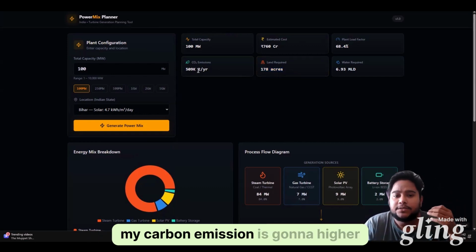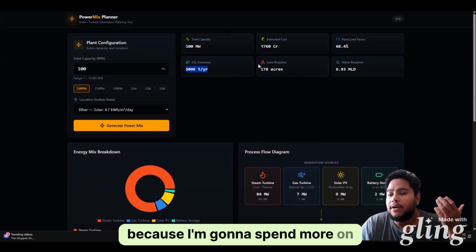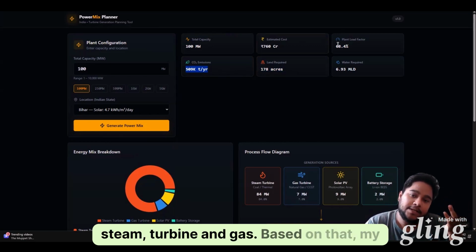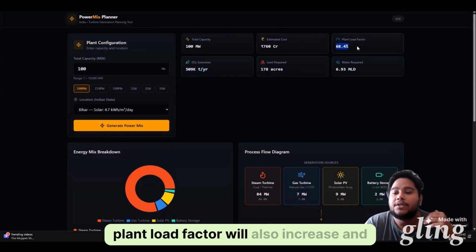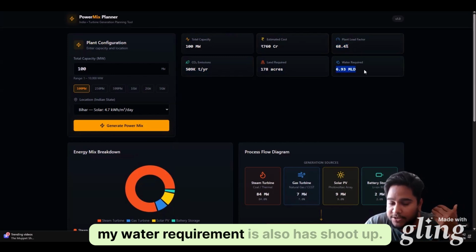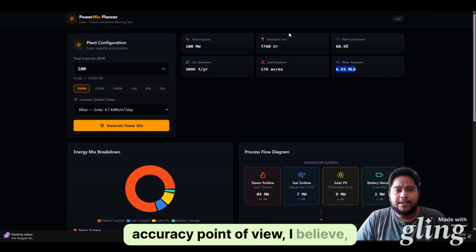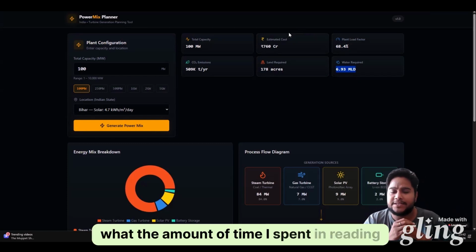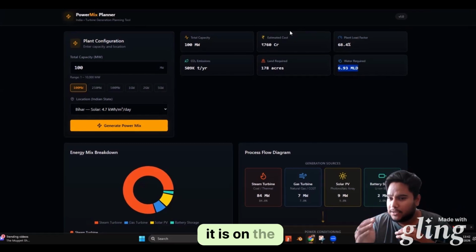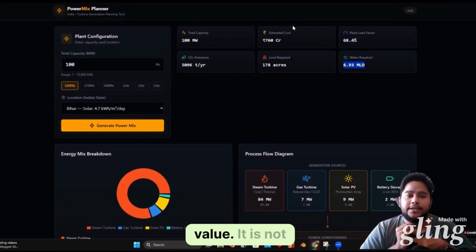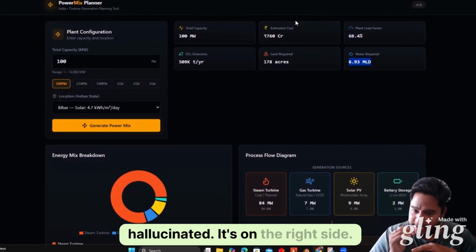And my carbon emission is going to be higher because I'm going to spend more on steam turbine and gas turbine. Based on that, my plant load factor will change, and my water requirement has also shot up. So from a data accuracy point of view, for the amount of time I spent reading the documents, I believe it is closer to the right value. It is not hallucinated data, it's on the right side.